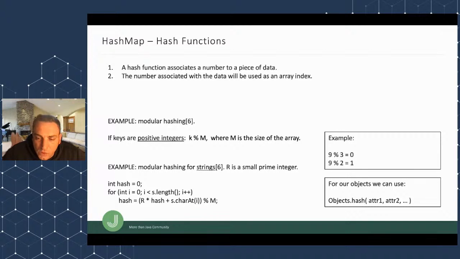What could we do to define such a hash code method? We could use the hash method of the Objects class, which would combine the hash codes of the value attributes, in a similar fashion as you can see for the strings.